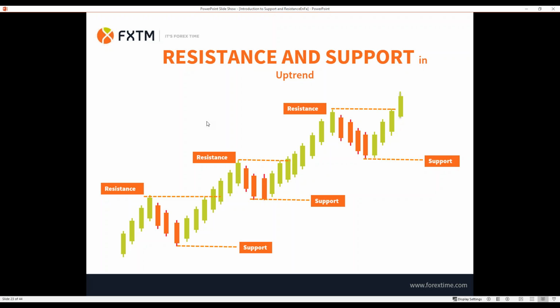We have another question now by our friend Korush. In one trend, there are several supports and resistances. Which ones are important? So there are a lot of support and resistance levels, and of course we have to be able to identify the important tops and bottoms.